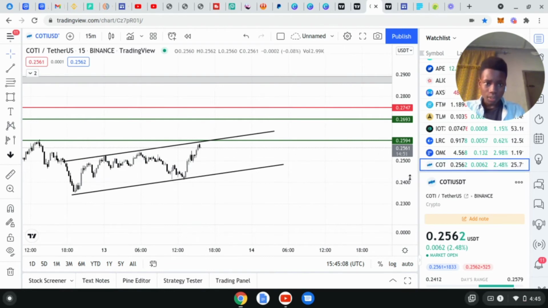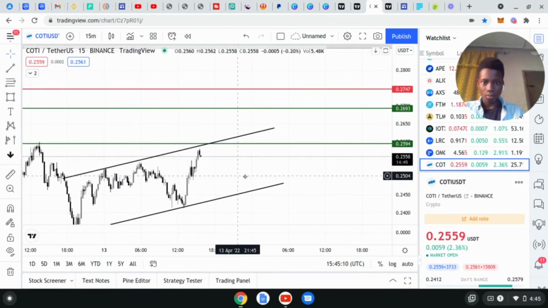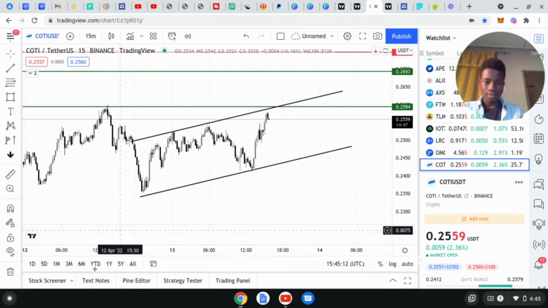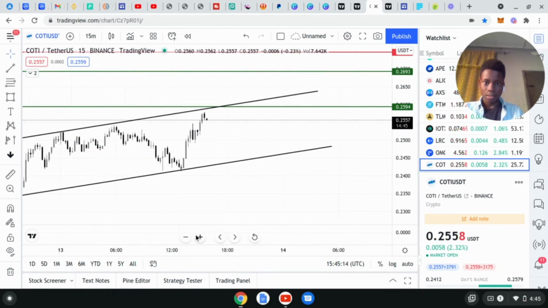So what I'll basically do now is wait for a candlestick pattern. We've done our analysis.